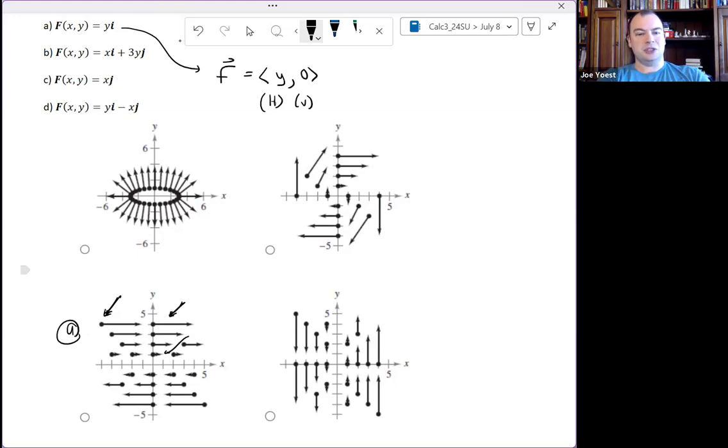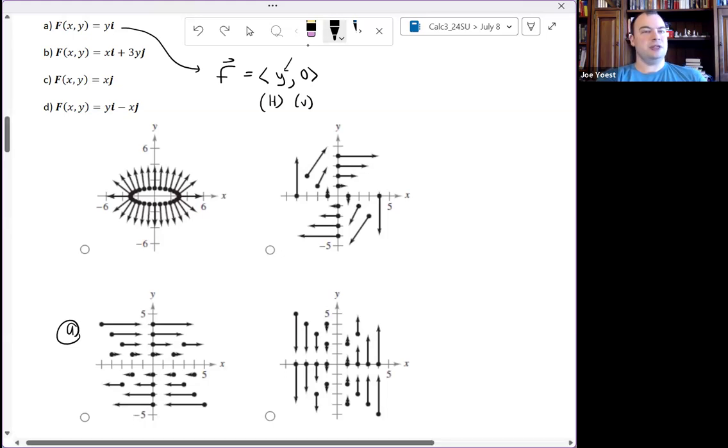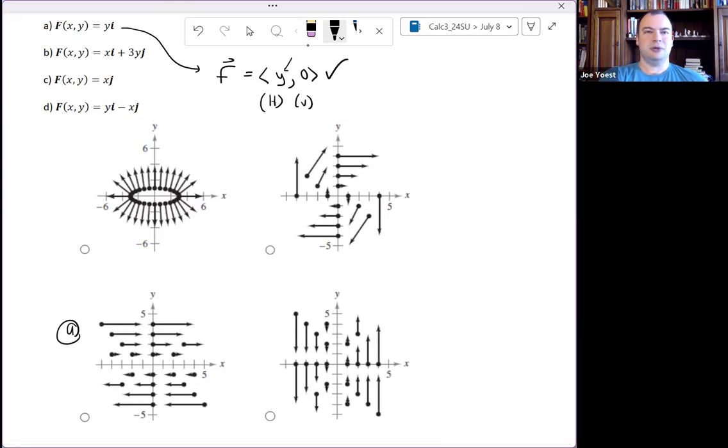I'm also small positive on y, so I have a small magnitude pointing to the right for my vector. And then similarly in the third and fourth quadrants, y is negative, so I'd expect a vector pointing to the left. Its first component should be negative, second component 0, also independent of x, and similar analysis to above. I'm pretty confident that this bottom left vector field is indeed an accurate representation of f of x, y equals y i.